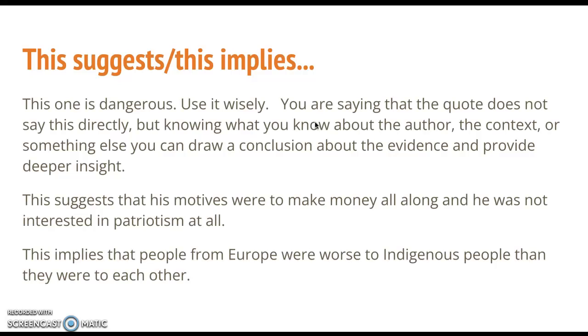So you'd say, this suggests that his motives were to make money all along, and he was not interested in patriotism at all. Or this implies that people from Europe were worse to indigenous people than they were to each other. So again, be careful using this one because you're really going deep into the evidence. You should really be confident in what you're saying, because this one can end up being embarrassing if there's something you're not seeing, or if you're reading the evidence incorrectly. Okay?